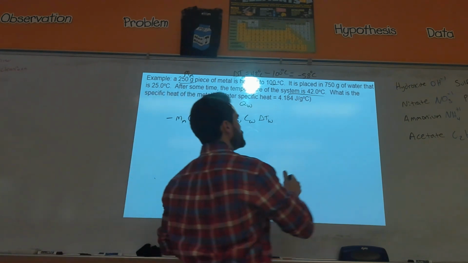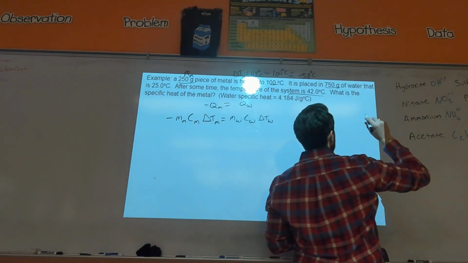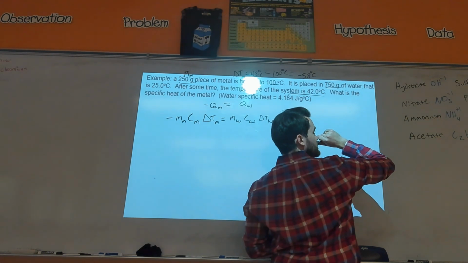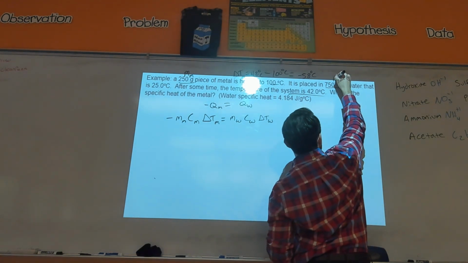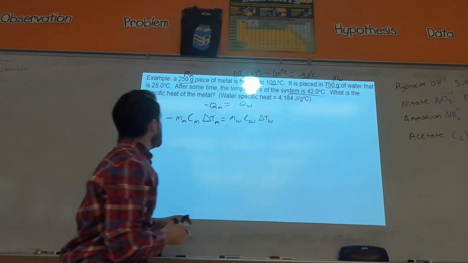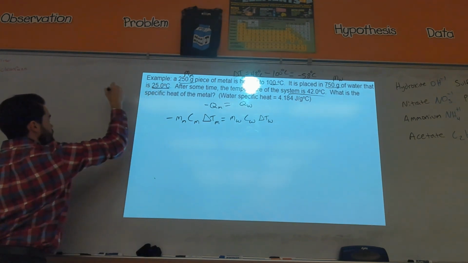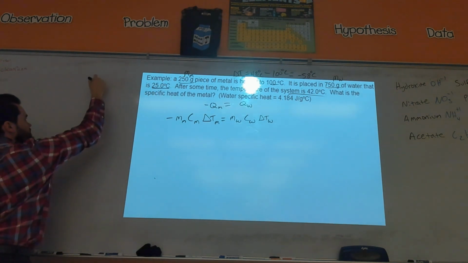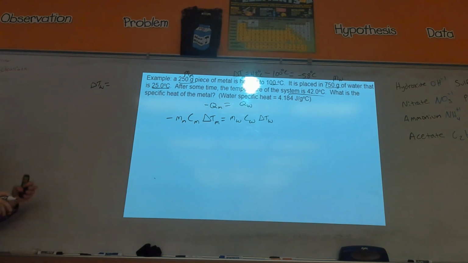All right, keeping it moving. 750 grams. What would that be? Mass of the water, m sub W. That is 25 degrees Celsius, so this would then be used to find the delta T of the water. But then 25, is that final or initial? Initial.